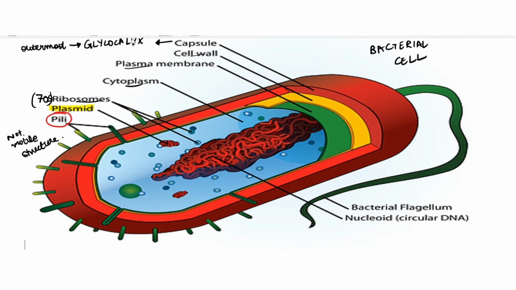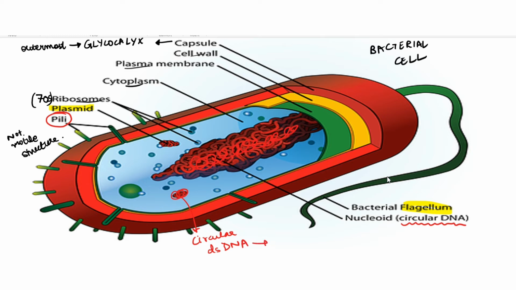Not well defined, so we call it a nucleoid or nucleophore. And this nucleoid has circular DNA in it. Can you see circular DNA? This is how circular DNA looks. The plasmid is also a circular double-stranded DNA, but it is extrachromosomal. It's outside the main genetic material.